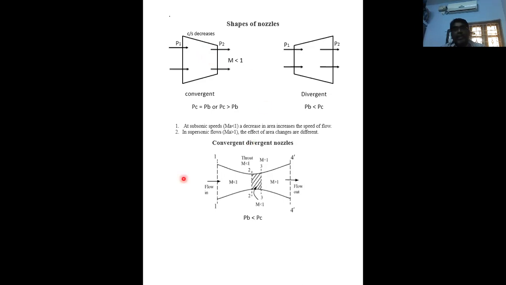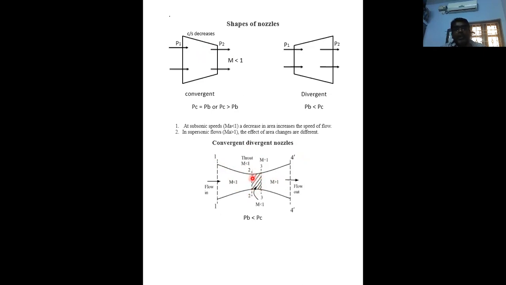The convergent-divergent nozzle has three sections. The first section is the convergent section, the second section is the throat, and the third section is the divergent section. The cross-sectional area decreases up to the throat. Here the Mach number is less than 1 before the throat. At the throat the Mach number is equal to 1.